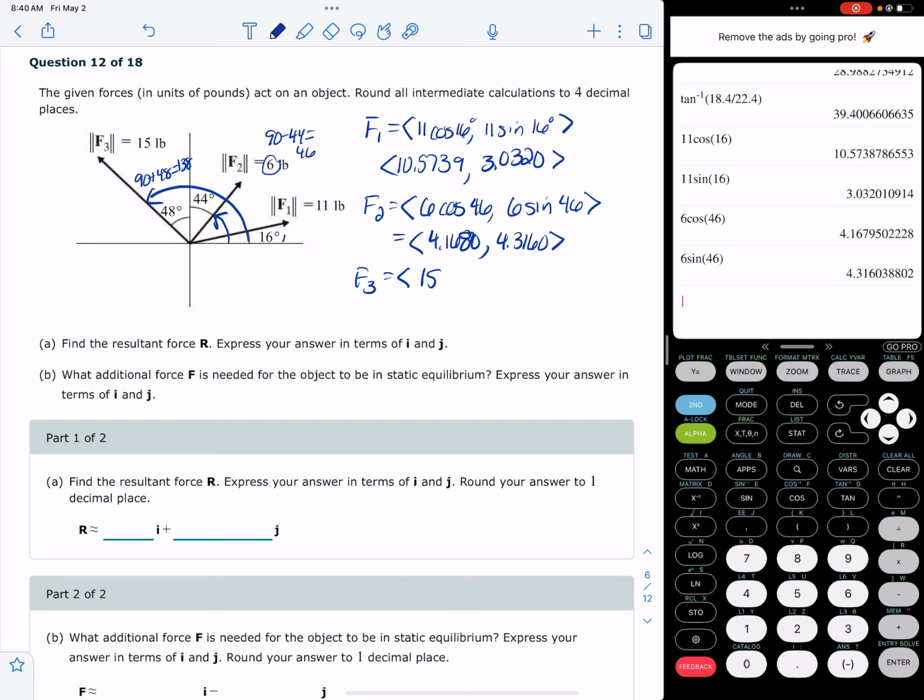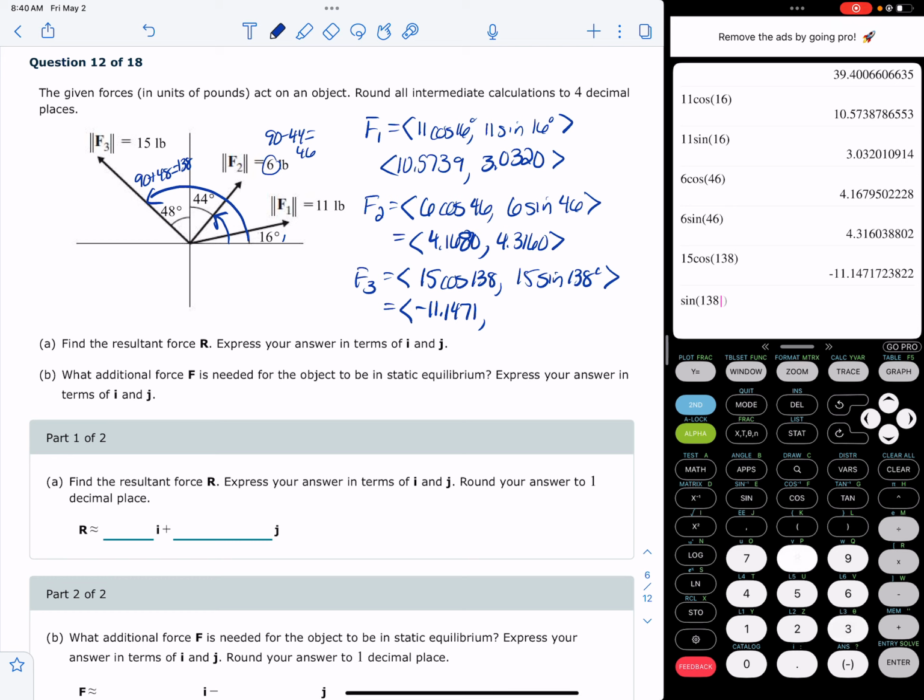So force of 15 cosine 138, 15 sine of 138.